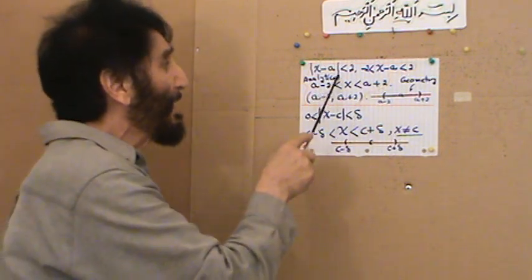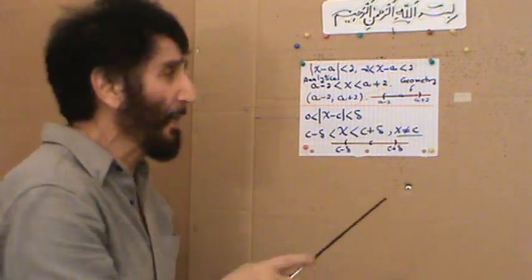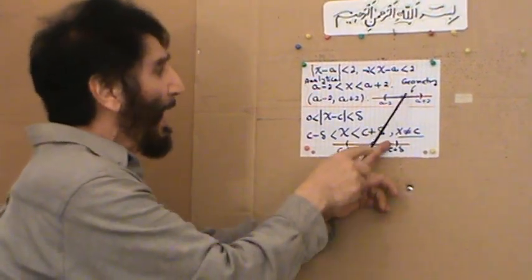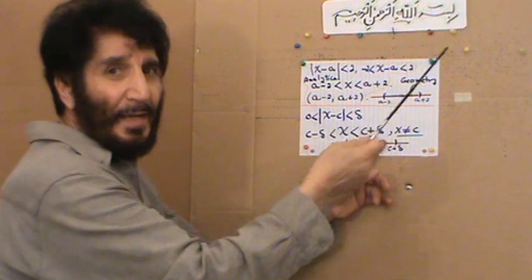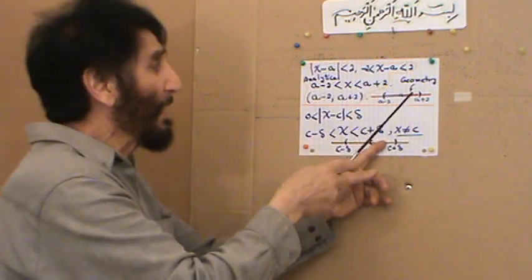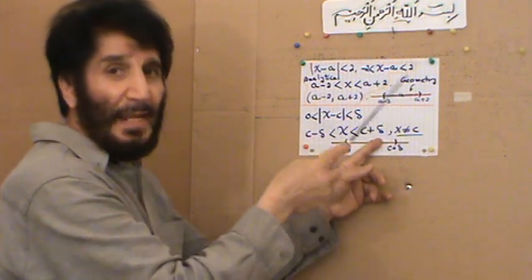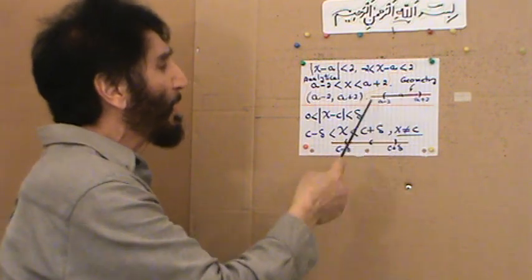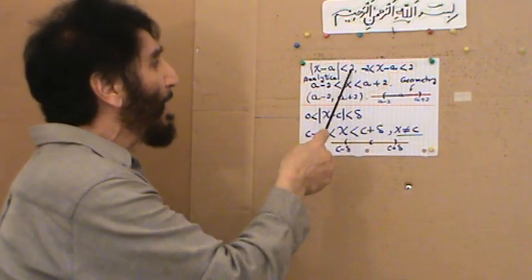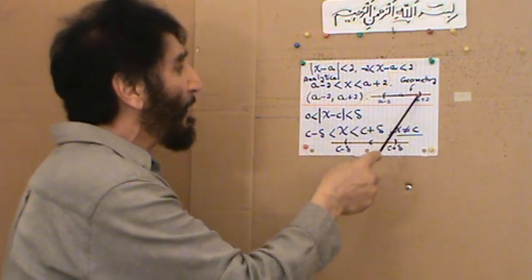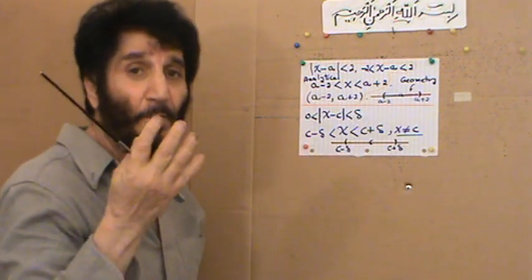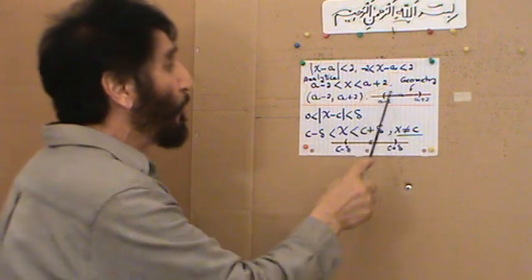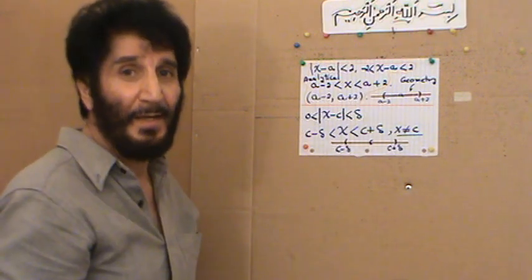So a is the center, geometrically, and a plus 2 is the right side of the interval, and a minus 2 is the left side of the interval. What is the length of this interval? To the right is plus 2, to the left is minus 2. So the length is 4 units.